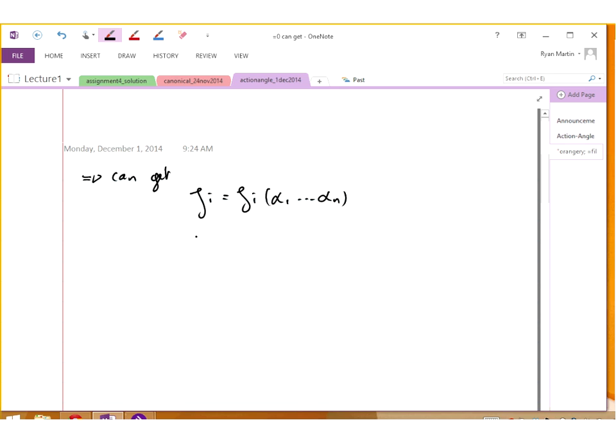And now finally, we make the assumption that we can invert these equations, and that we can express the alpha_i themselves as functions of the J's.